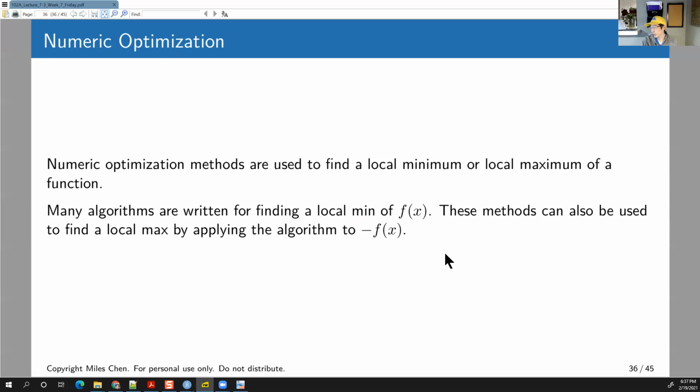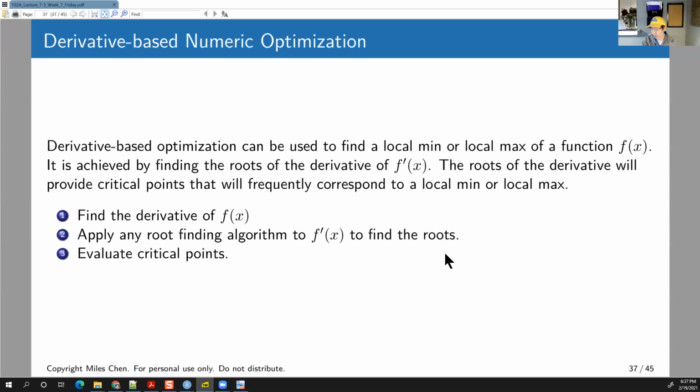But anyway, let's talk about derivative-based numeric optimization. All we're going to do is apply a root finding method to the derivative of a function. To find the local min or local max of some function f, we just find the roots of the derivative of f.